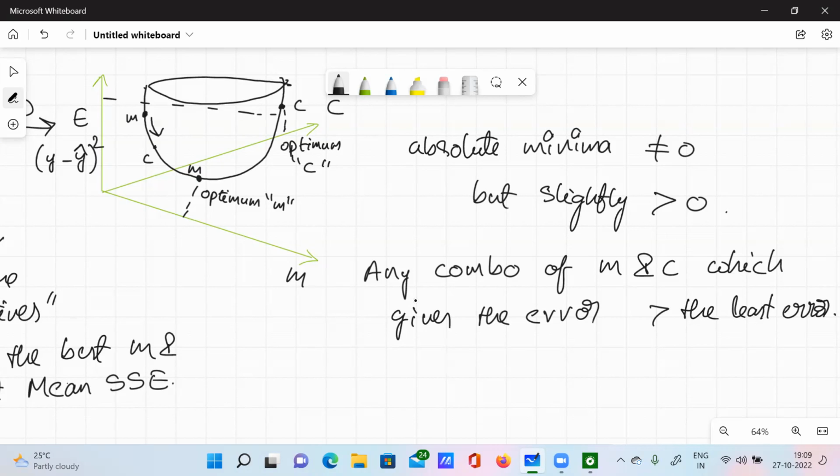So the best combination of the M and C will not be equal to 0. It would definitely be slightly greater than 0, right? So that's the thing here.